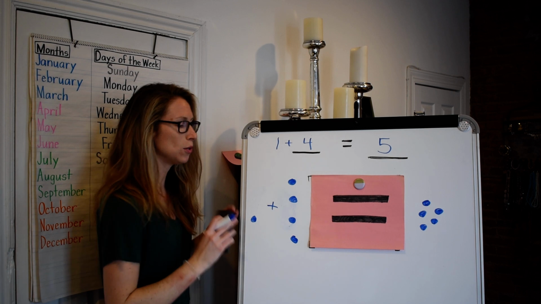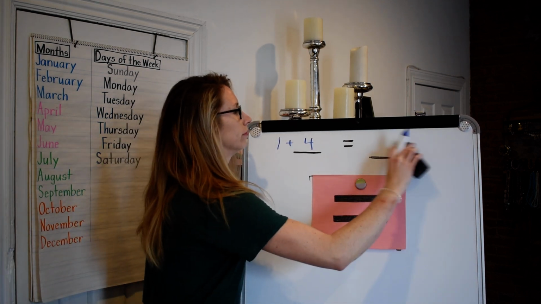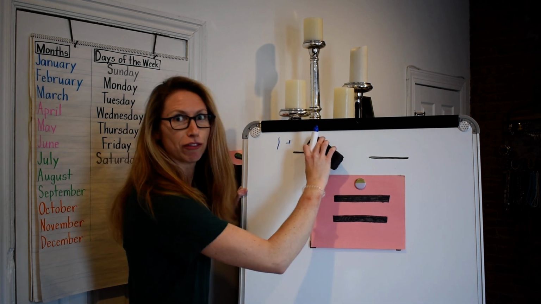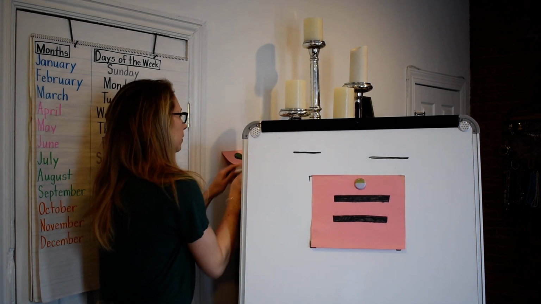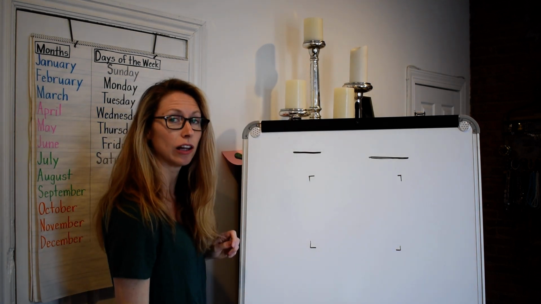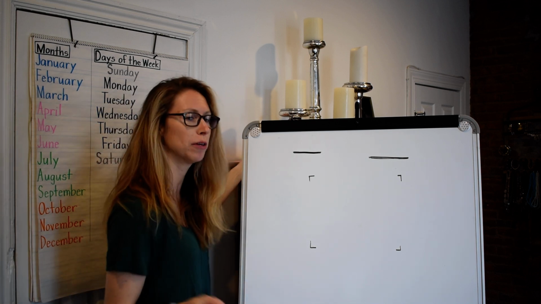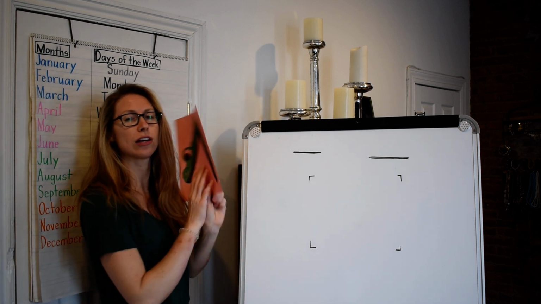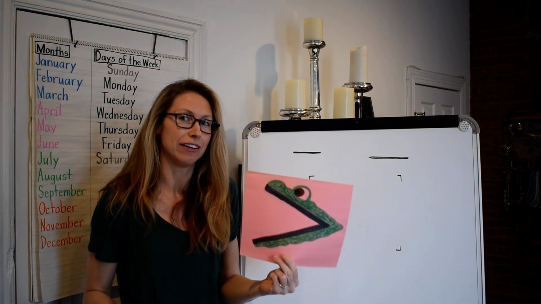Now I'm going to introduce you to a different symbol. I'd like you to meet Larry's long-lost cousin. Larry the listener, remember him from our classroom? Larry's long-lost cousin, Al the alligator.